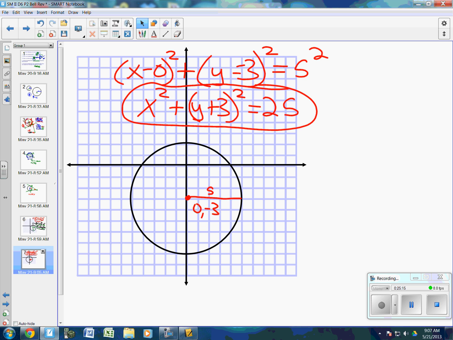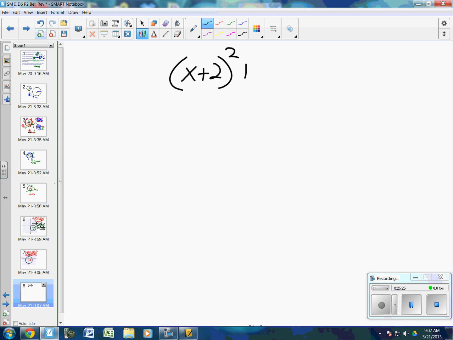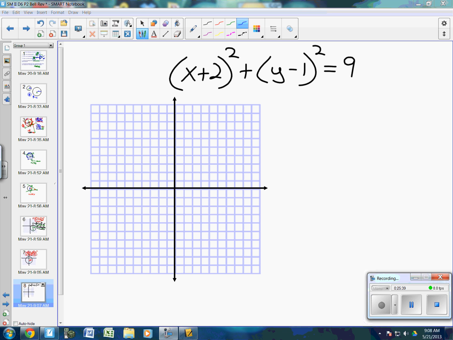Okay. I might have you do the opposite of this. Graph this circle. I might have you do the opposite. Graph that circle. Go ahead. Okay, for the sake of time, I'm going to do this if you haven't done it yet.